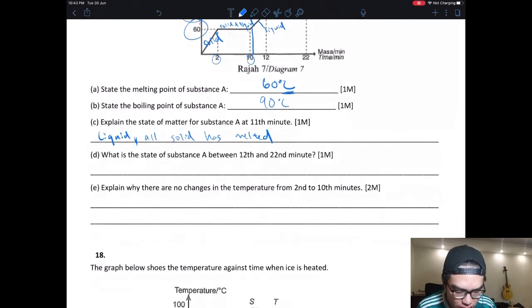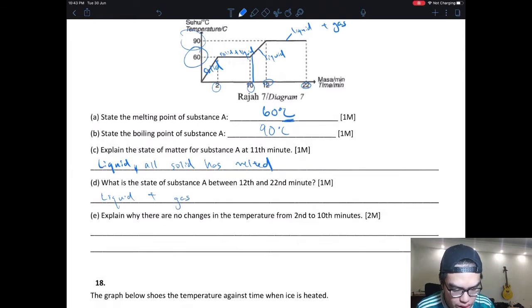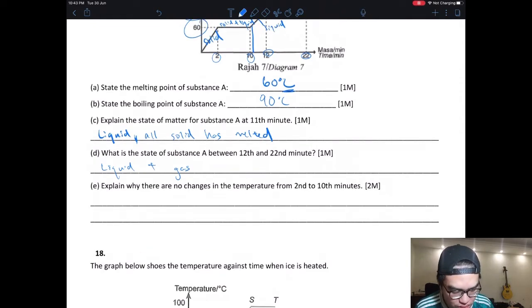D, what is the state of substance A between the 12th and 22nd minute? From here to here, it's liquid plus gas. E, explain why there are no changes in temperature from the 2nd to 10th minute. I already told you just now.